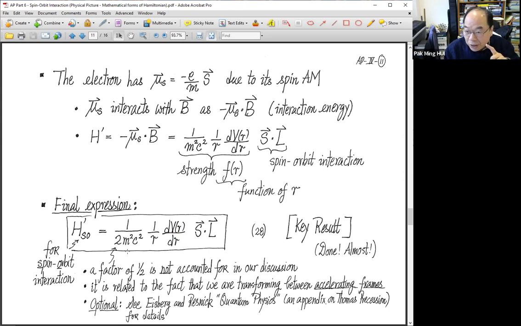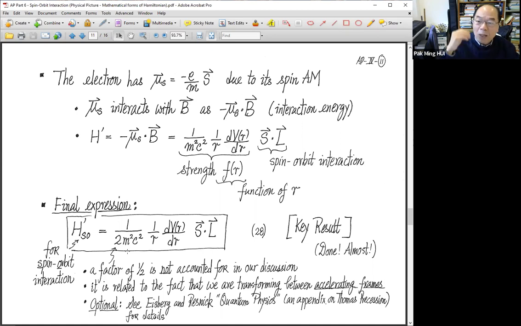Realizing that actually this frame is not so trivial. Circular motion is an accelerating frame. You need to do something called the Thomas precession, things related to special relativity, in order to get back this half factor. But the point is that I would like to introduce the key factors that determine the strength.